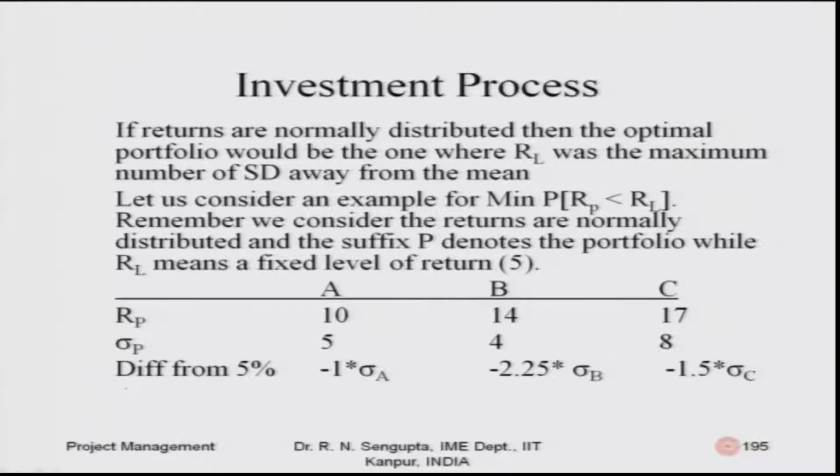The standard deviations for A, B, C are given as 5, 4, 8, and if I find the differences from 5%, which is the RL value, they are minus 1 sigma A, that means onto the left, minus 2.25 sigma B onto the left, and minus 1.5 sigma C onto the left. So, if you want to minimize, then you find the minimum probability such that it is onto the left.